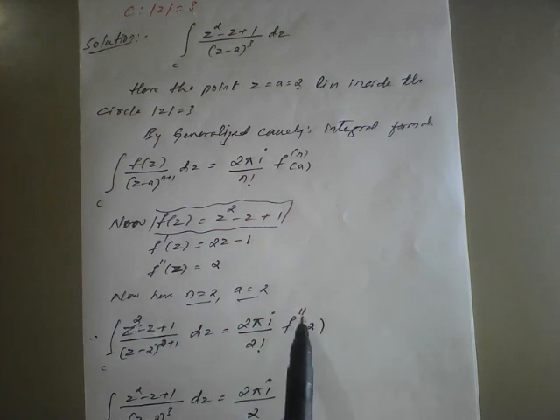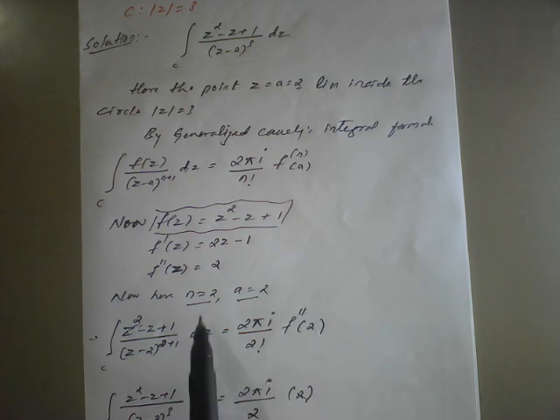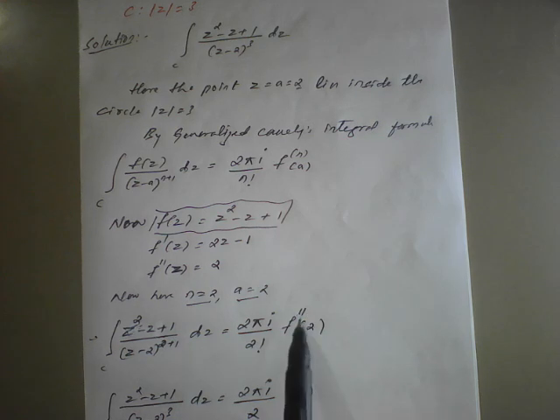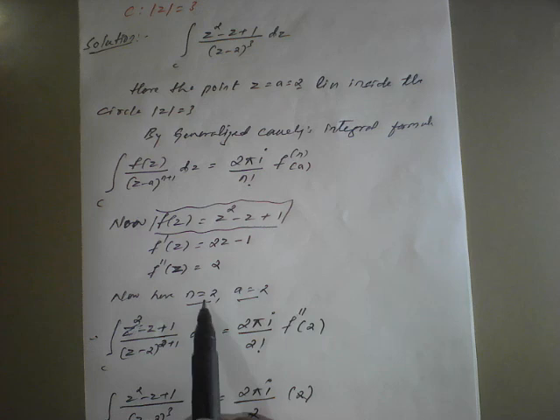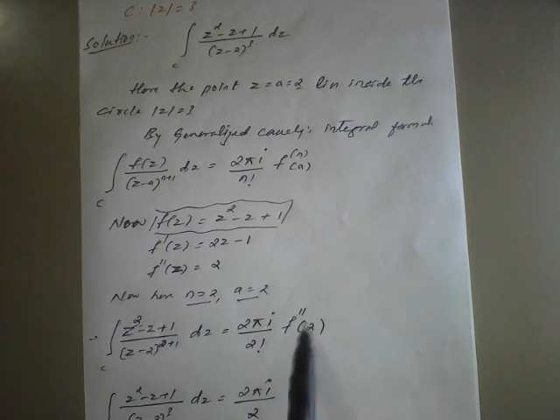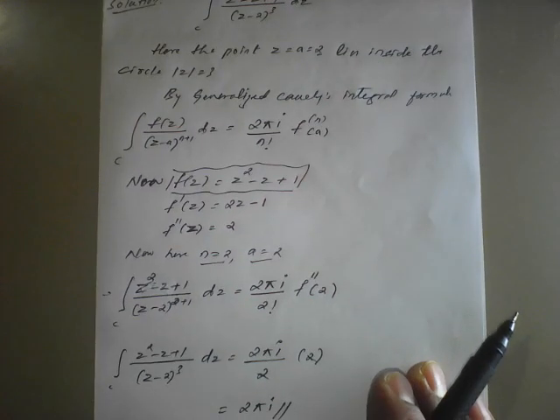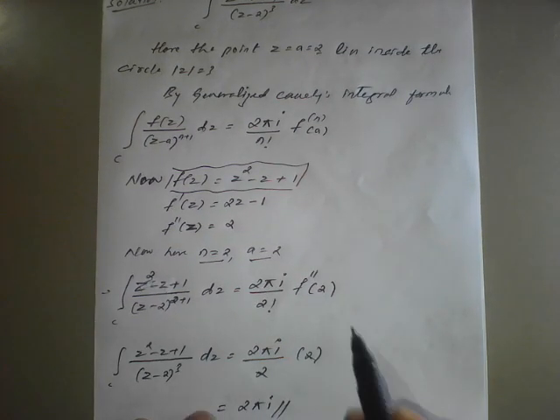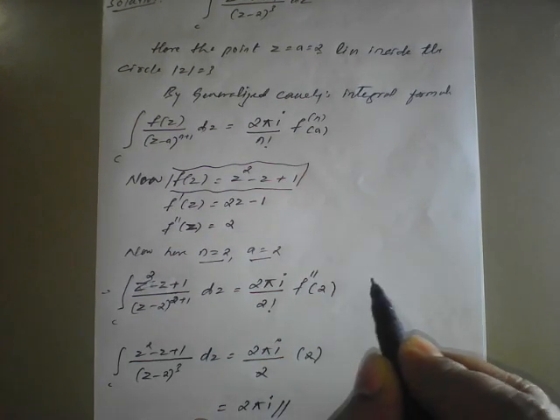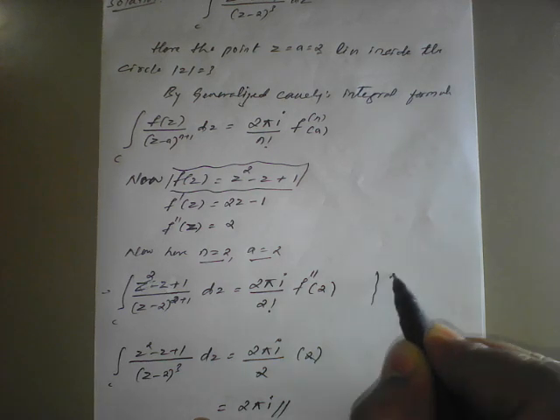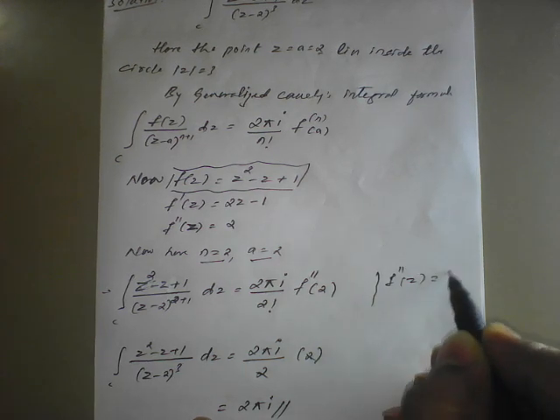Then f double dash, because n is 2, at the value a equals 2. If n is 3, we put 3 dashes; if n is 4, 4 dashes, meaning 4 times differentiation; if n is 1, we put 1 dash. So we know that our f double dash of z is 2.